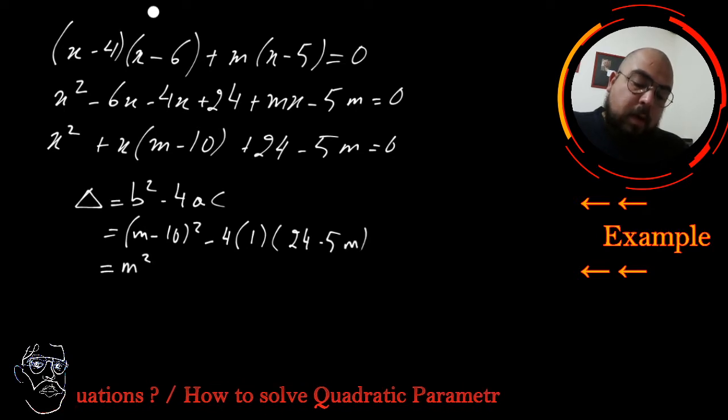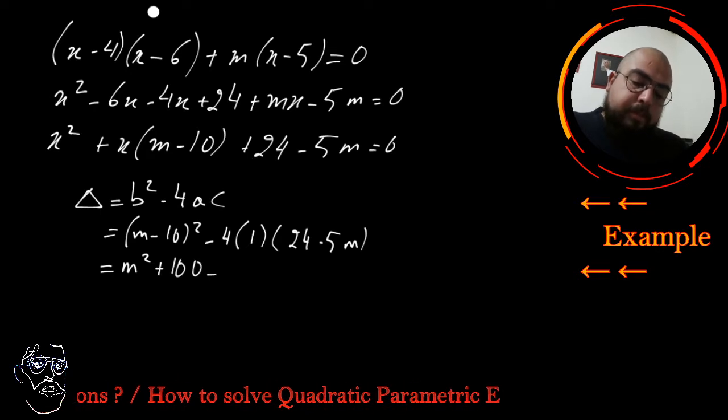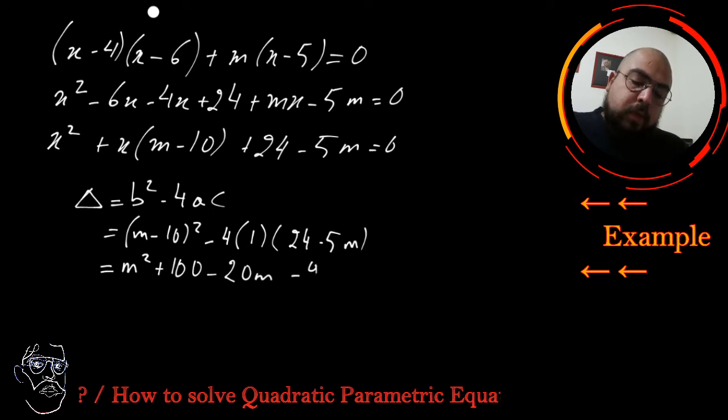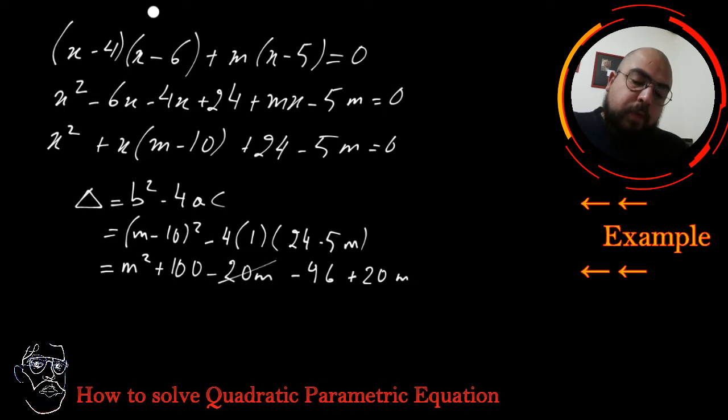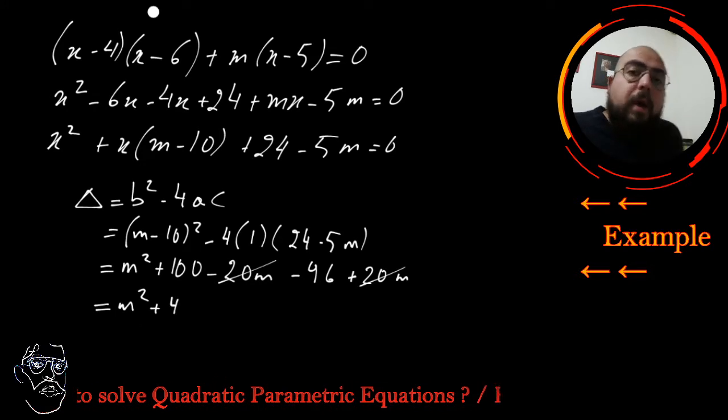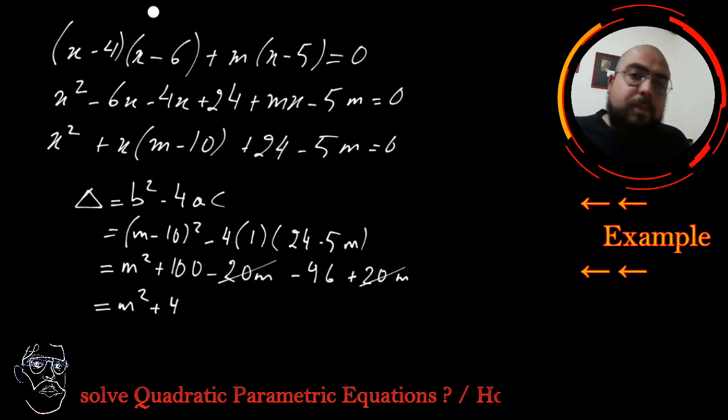M squared plus 100 minus 20m, minus 96 plus 20m. Minus 20m plus 20m, they will cancel out. It's m squared plus 4. Delta is parametric, but as you can see, it's m squared plus 4.